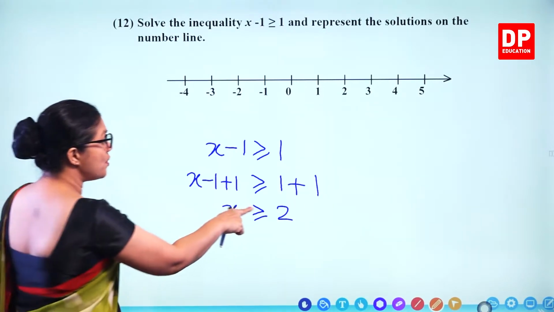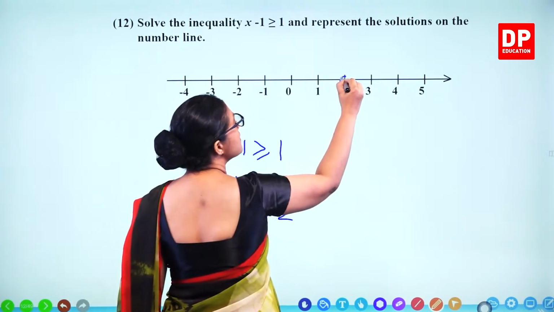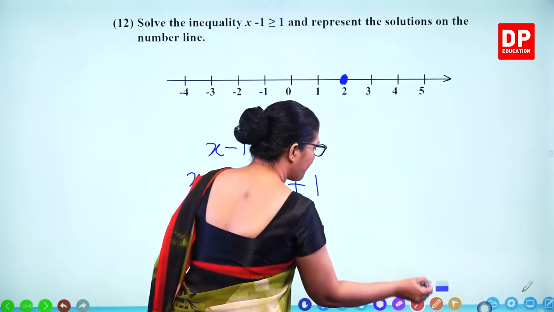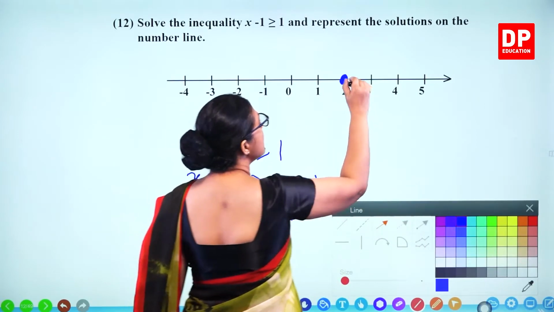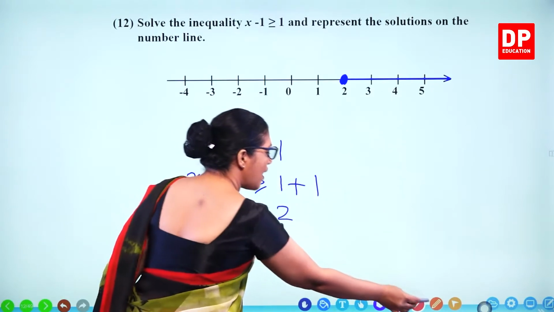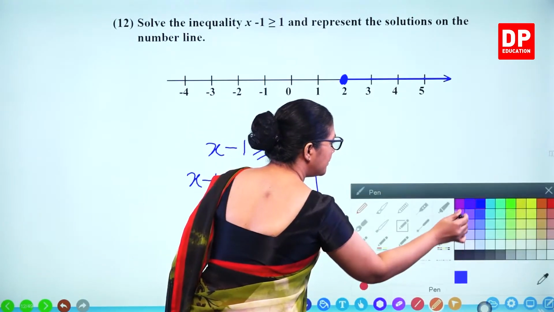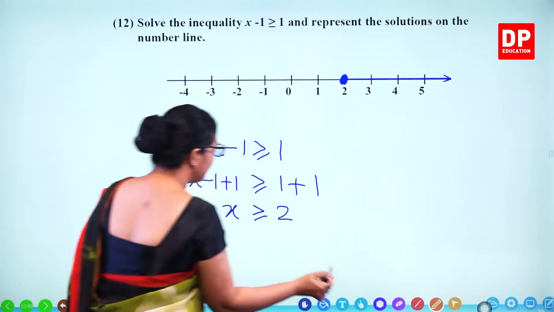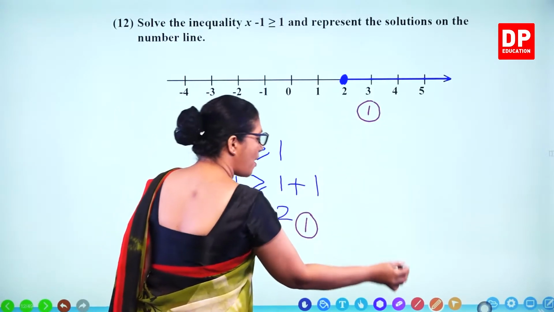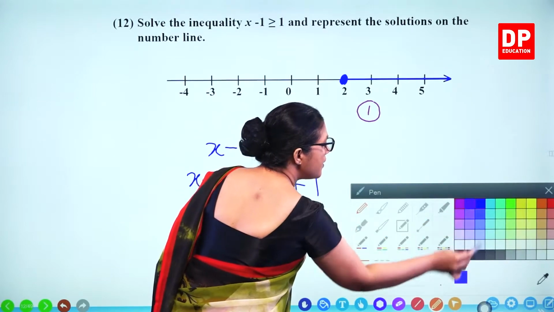So that means 2 is included. You draw a solid circle here and the arrow becomes this way. Greater means right hand side. So 1 mark for the inequality and 1 mark for marking the region.